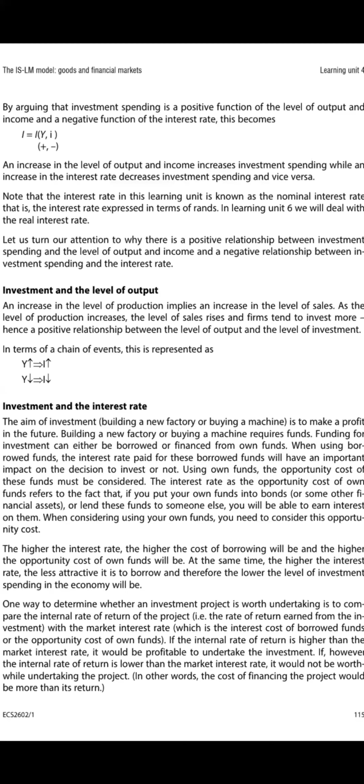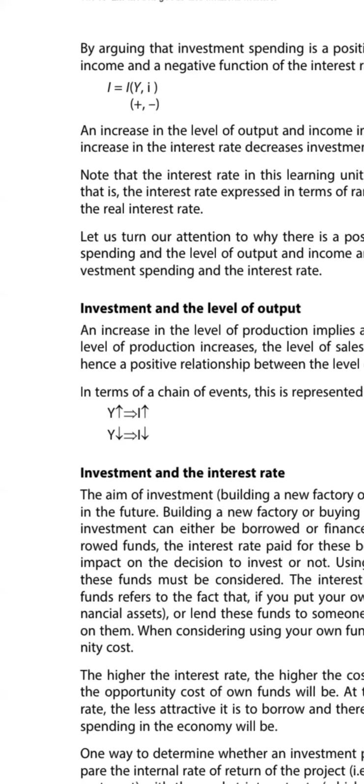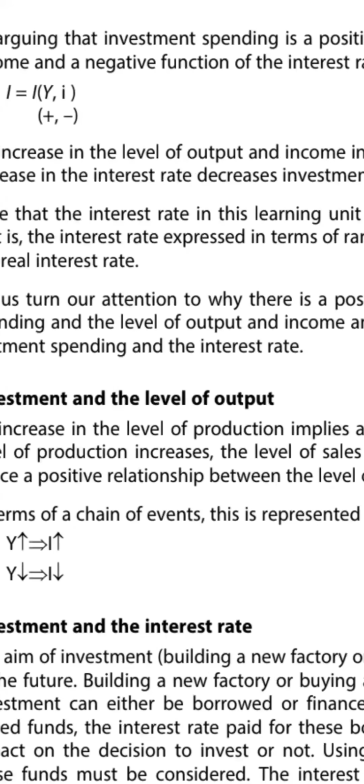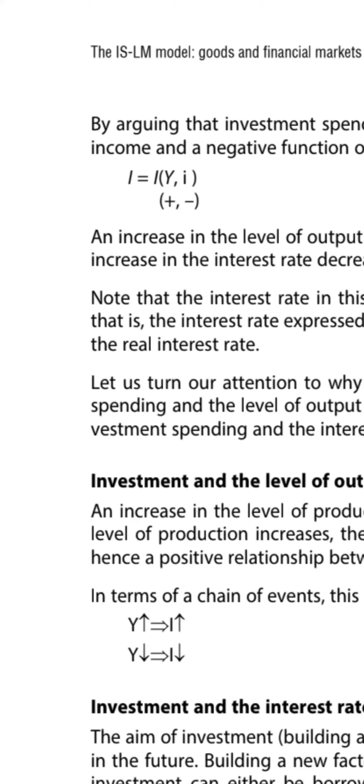If you look at the symbol for Y, as Y is going up, your investment spending is going up, and as Y is going down, your investment spending is also going down. To sum that up, your investment is a function of, meaning it's influenced by, your income in a positive manner and your interest rates in a negative manner.